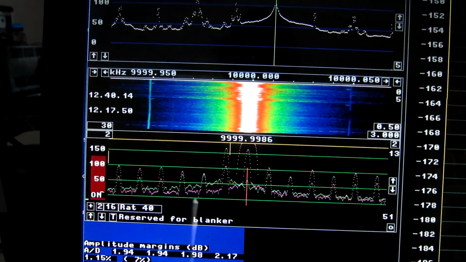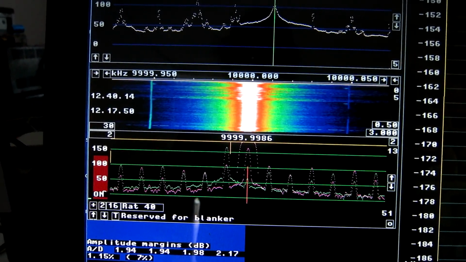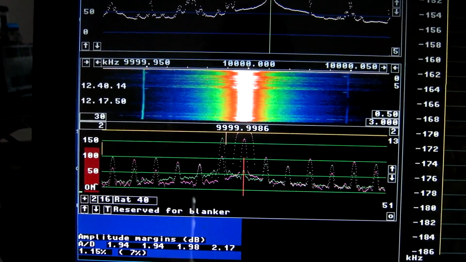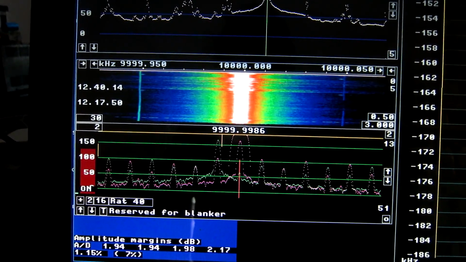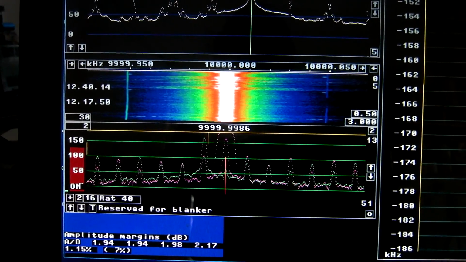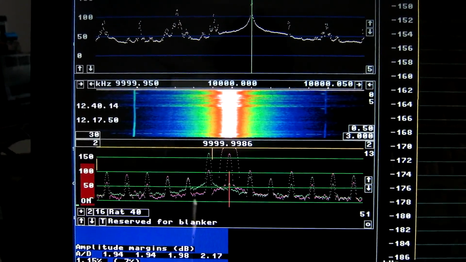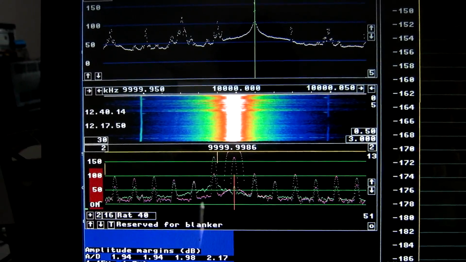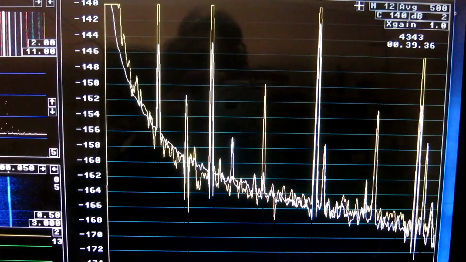Knocking on the box caused the frequency to jump by about 15 Hertz. They don't lock anymore to each other, the oscillators. I have to tune a little bit.